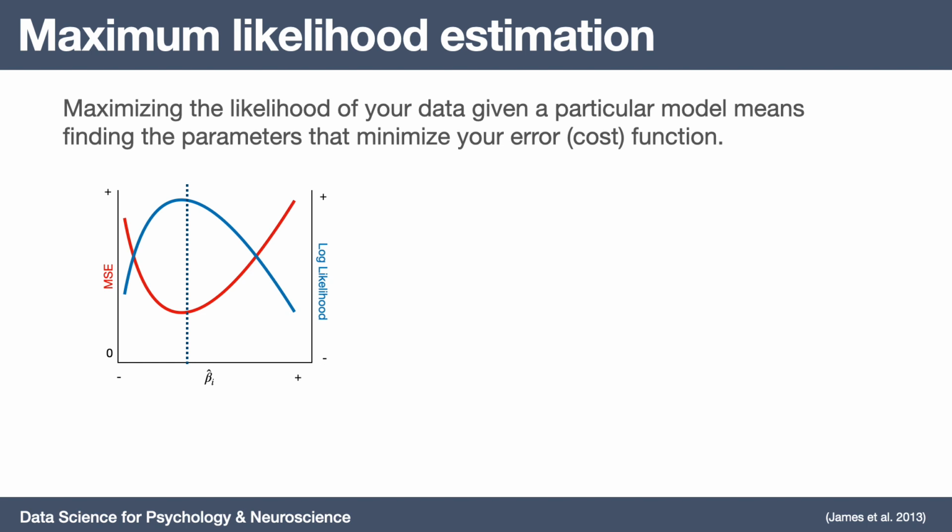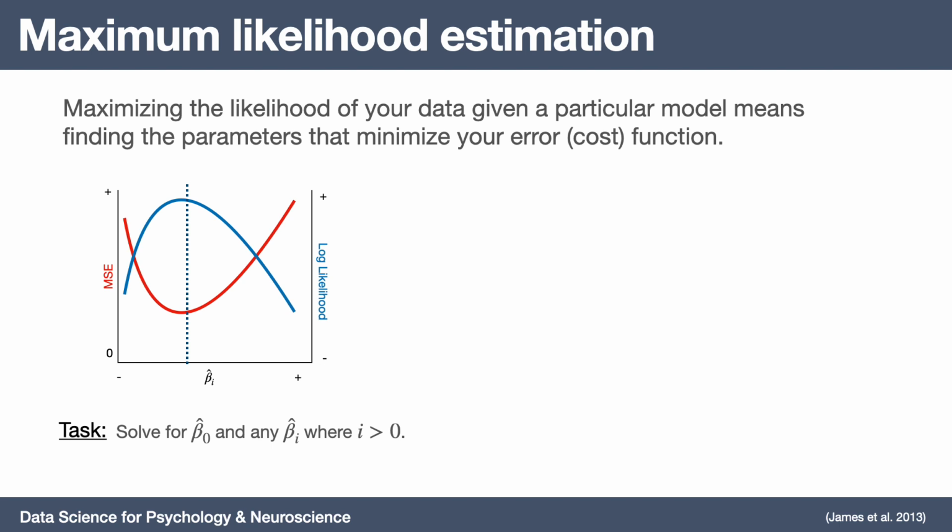So the relationship between your error, let's say your mean square error here, shown in red, and the log likelihood of y given your model has this relationship. Where your mean squared error is its lowest is the point at which the log likelihood of your data, or the likelihood of your data, is highest. This is why we're trying to find the bottom of that convex gradient of error, that red line we're showing here. So our task is to find those regression coefficients that are at that convex bottom, or the bottom of that convex distribution.